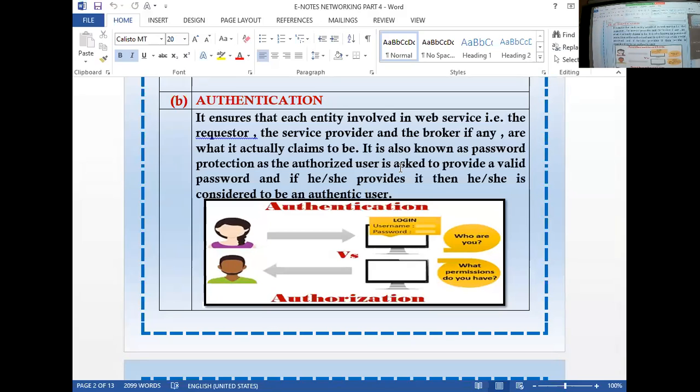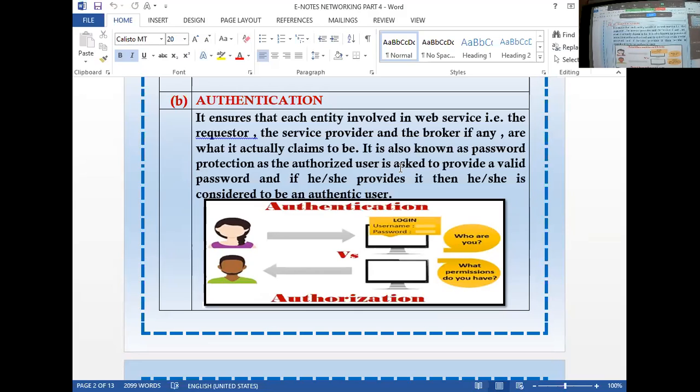Now, both the parties involved in the transaction have to prove their identity, that they are the real persons, right? So how can we check the authenticity? We will ask for a legal password.